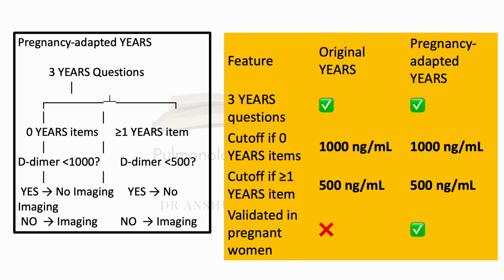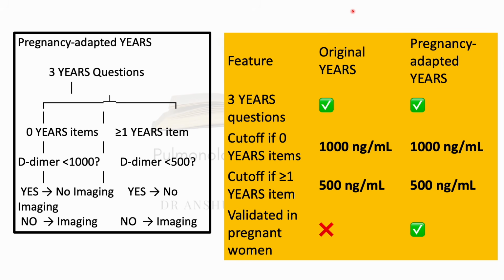females. This does not make it a separate tool. It does not give us a separate calculation. It just mentions that pregnancy-adapted YEARS has been seen through trials in pregnant females.